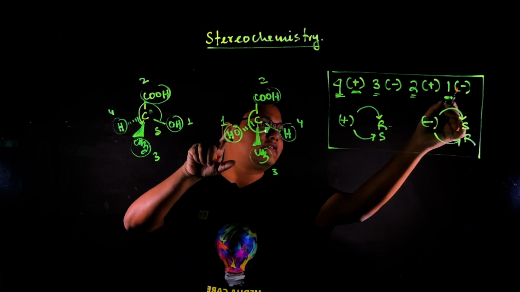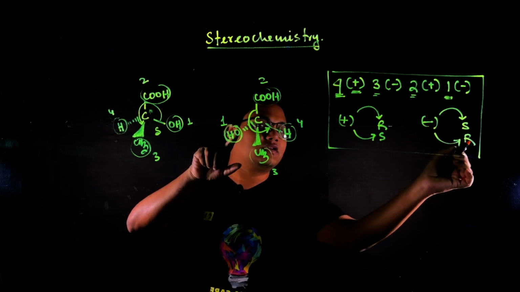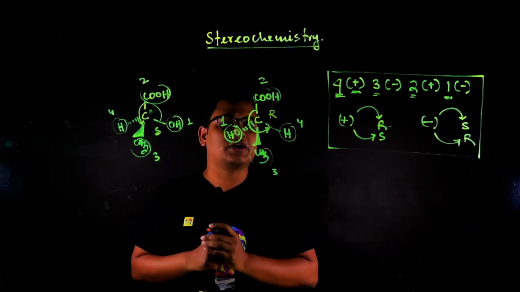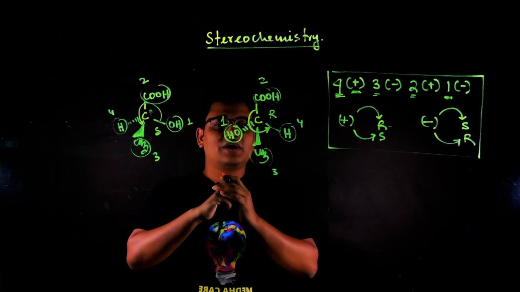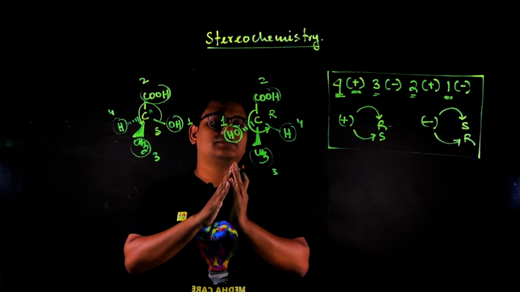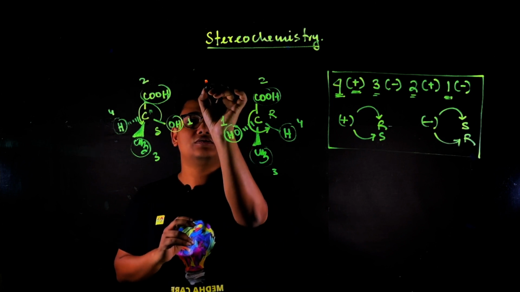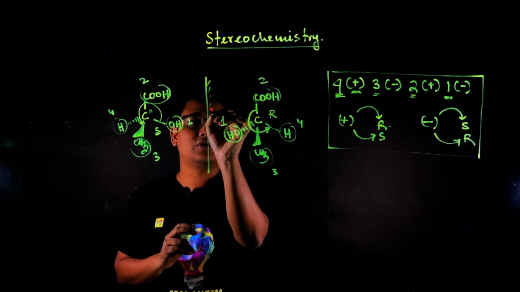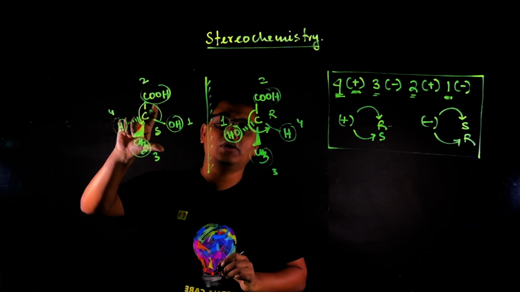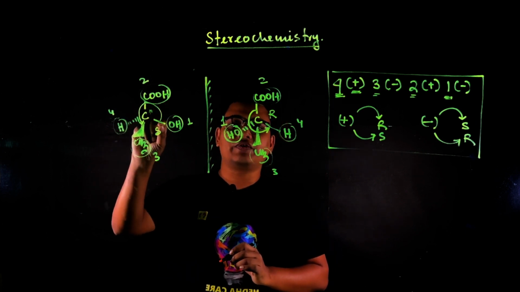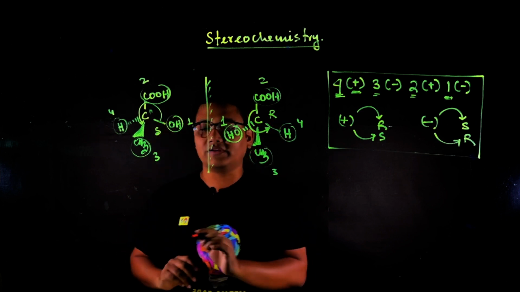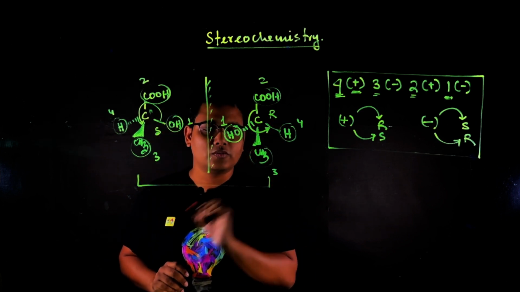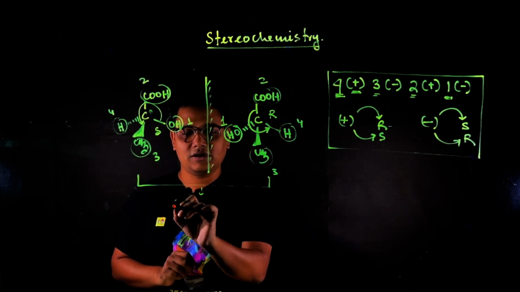So 1 means negative, and negative anti-clockwise means R. So the configuration of the carbon will be R. Now I can directly think that these two molecules are mirror images of each other, because in one molecule it is S configuration, in the other it is R configuration. So these two molecules will be enantiomers.